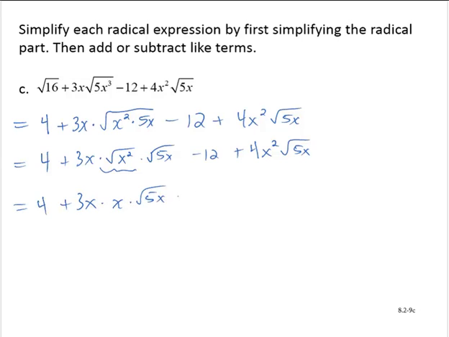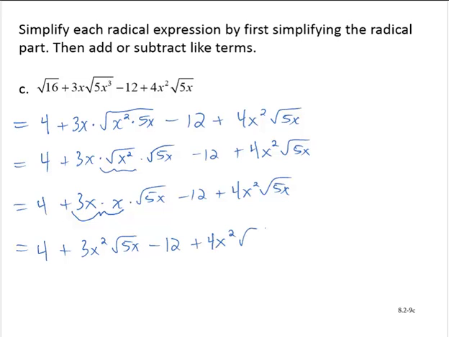And rewriting everything else. 3x times x is 3x squared. Rewriting everything else. Alright, so we've simplified that radical.